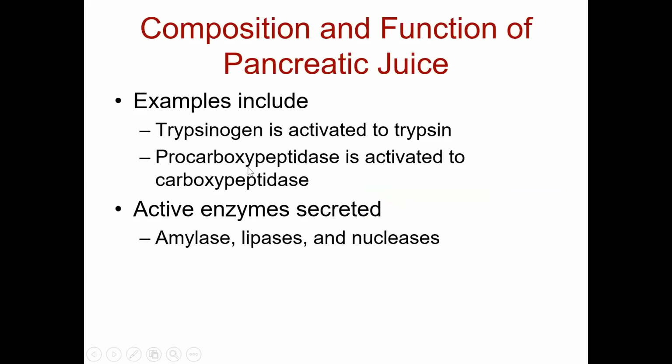So this enzyme can be activated to carboxypeptidase and then used to digest the proteins. Okay, so that's another enzyme here. Besides the proteases, there are amylase, which we talked about is for carbs, lipase for lipids, and nucleases for nucleic acids.